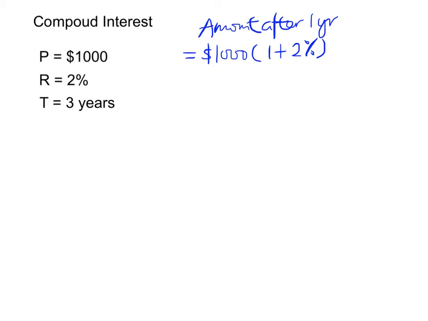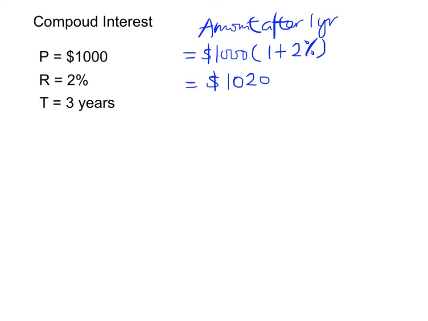And since we have only 1 year, this will be only 2%. We can easily find out this will be $1,020. And in fact, this number, $1,020, will be the principal for the second year. So we can easily see that in the second year, the principal is $20 more than the principal in the first year.